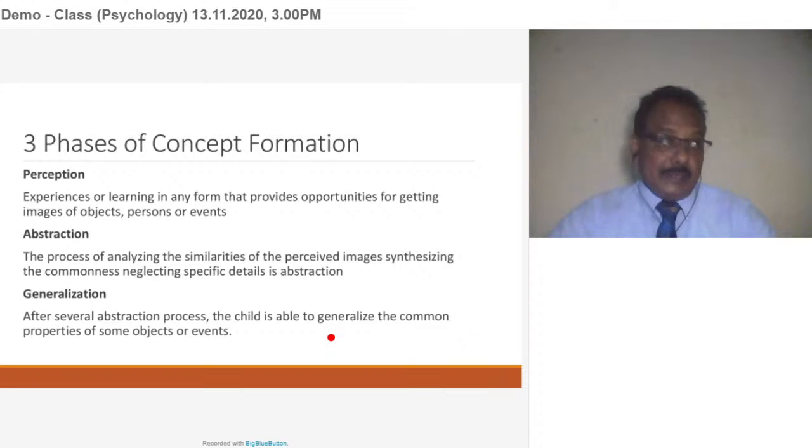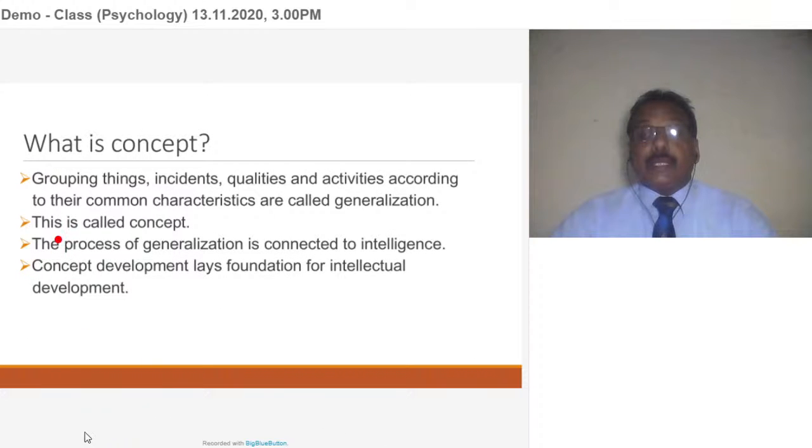After interacting with the same or similar events, objects, and persons several times, they come to a conclusion and form a concept, that is called concept formation. So generalization is known as concept formation. As in the earlier slide we have seen, here you can see the generalization is called a concept.